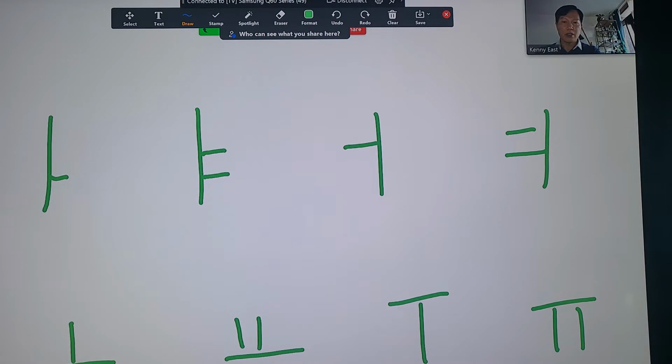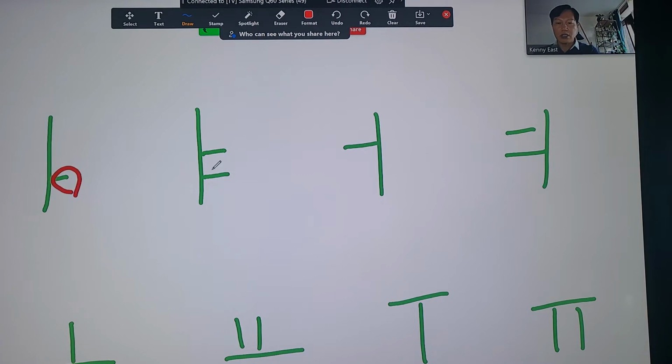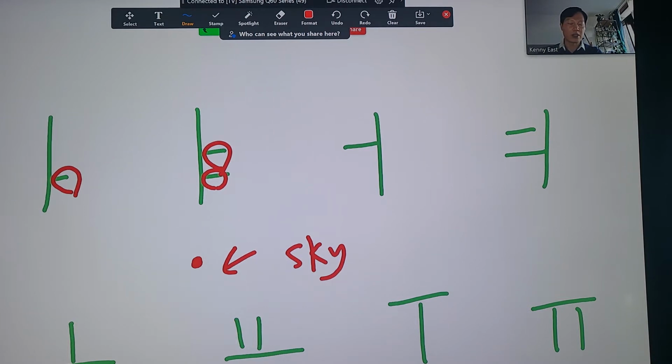Do you remember the three fundamental symbols? This little stick comes from the dot, the sky. You basically combine the three different fundamental symbols.